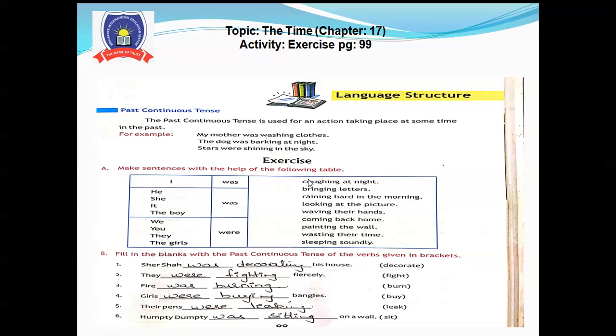It's about past continuous tense. So today we will learn about past continuous tense. What is past continuous tense? Past continuous tense is used for an action taking place at some time in the past.